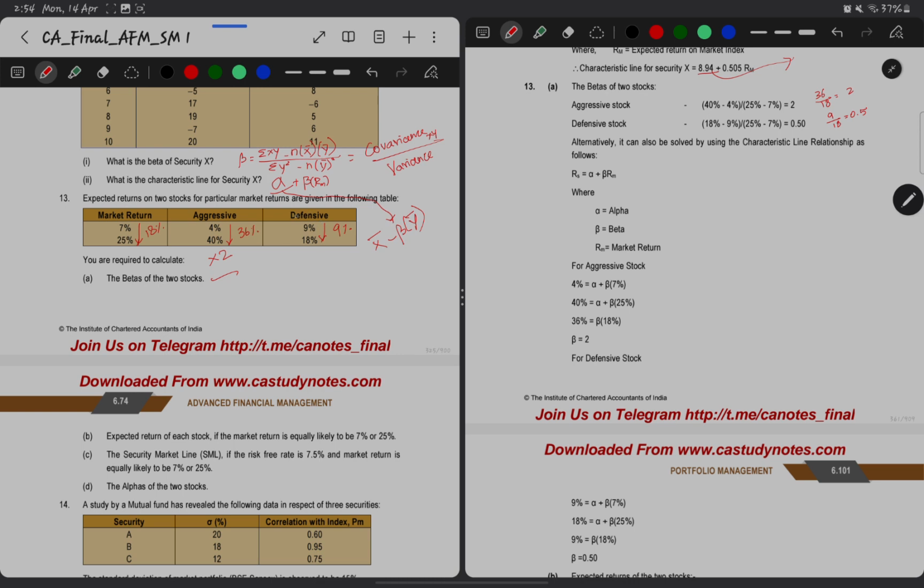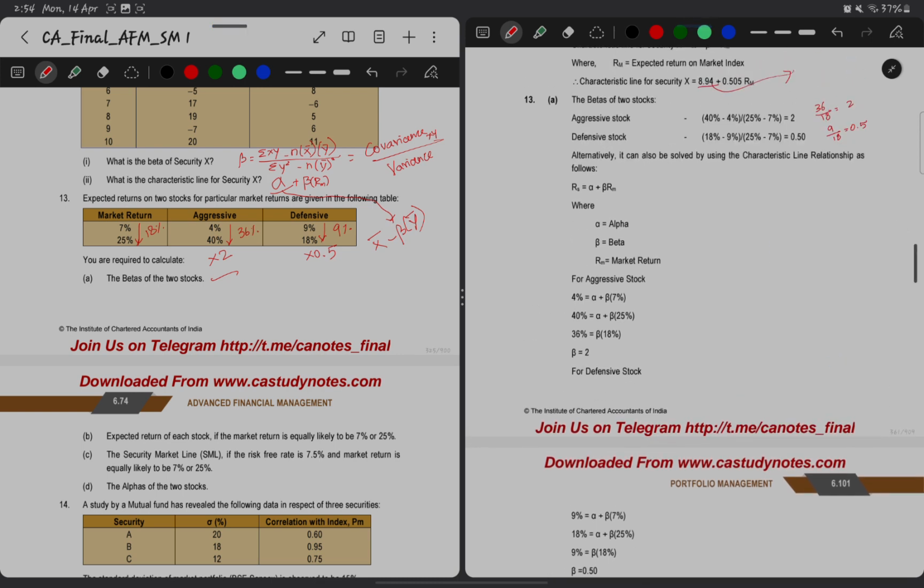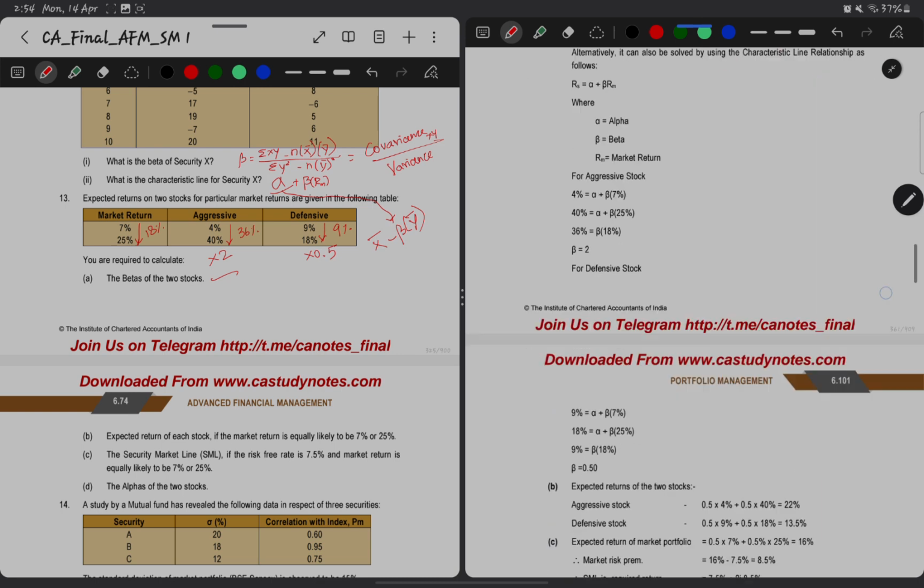In the case of defensive, if market return increases 18%, defensive increases 0.5 times, which is the sensitivity. Since only two variables are there, the direct comparison will give us the beta, or we can use the other approaches also. So the beta for aggressive is 2 and for the defensive stock is 0.5.